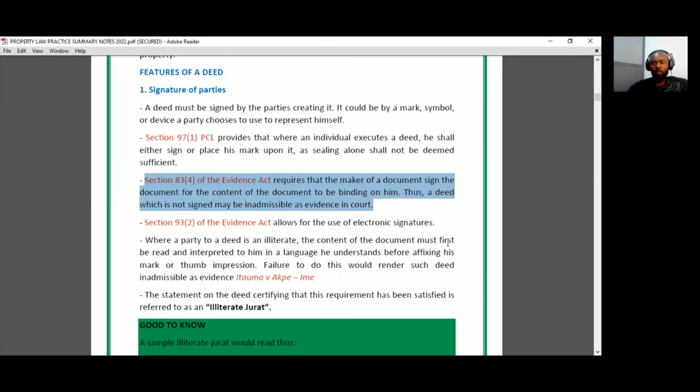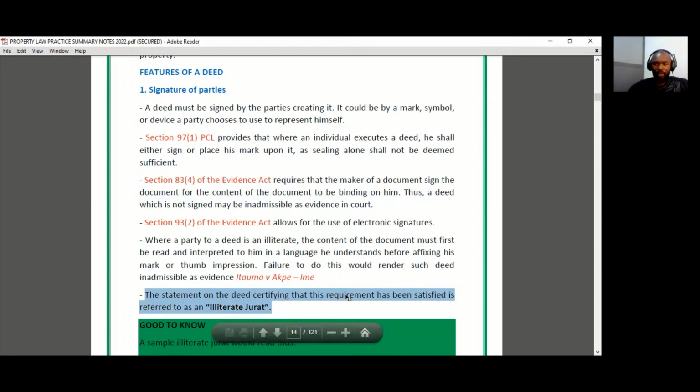Now, one very important precaution that must be taken in executing and signing a deed is that if a party to the transaction is an illiterate, and by illiterate we mean a person who does not understand the English language, then very importantly, the deed must contain what we call an illiterate jurat.